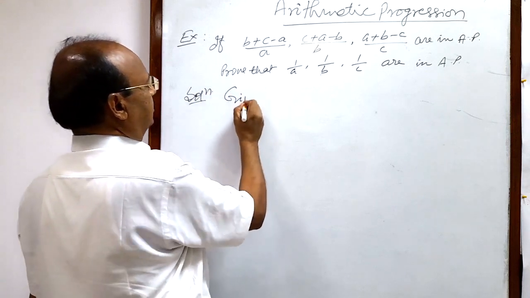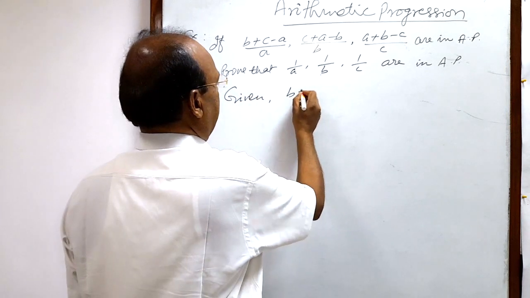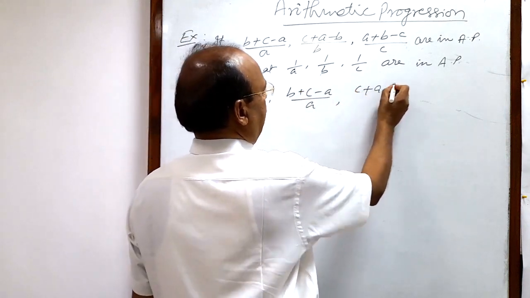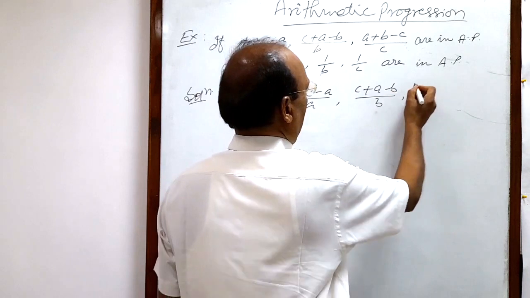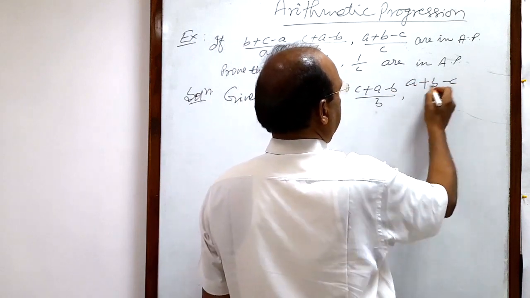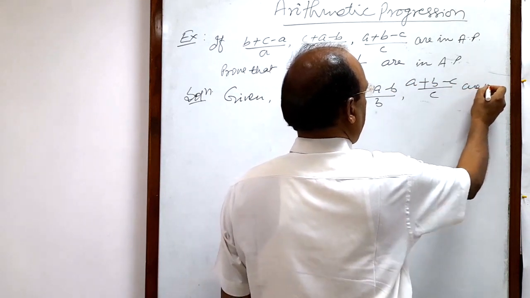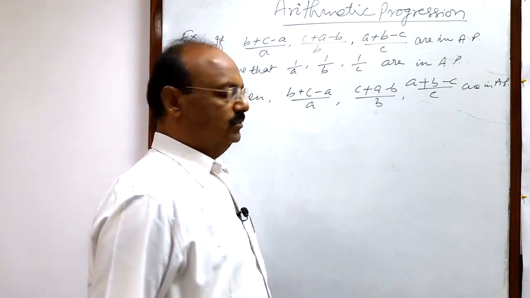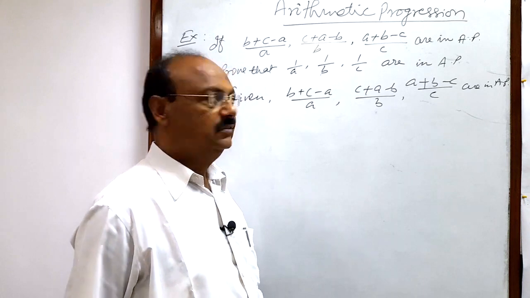Here given that (b + c − a)/a, (c + a − b)/b, and (a + b − c)/c are in AP. So what will be the suitable trick here?